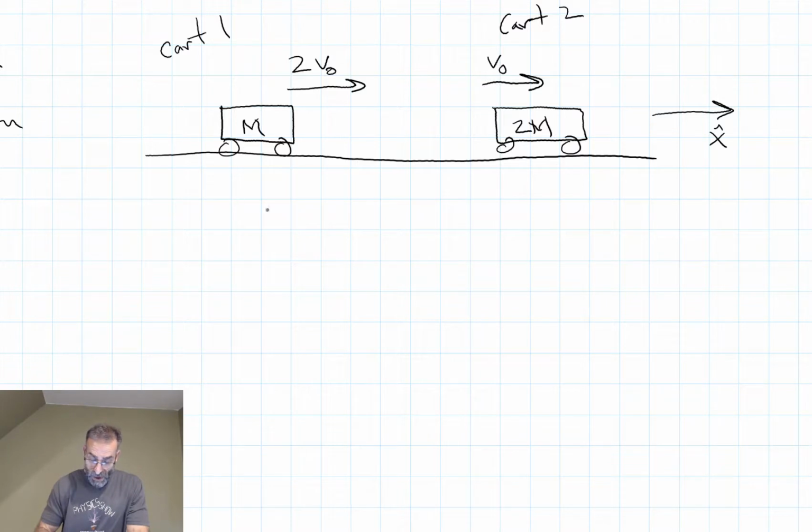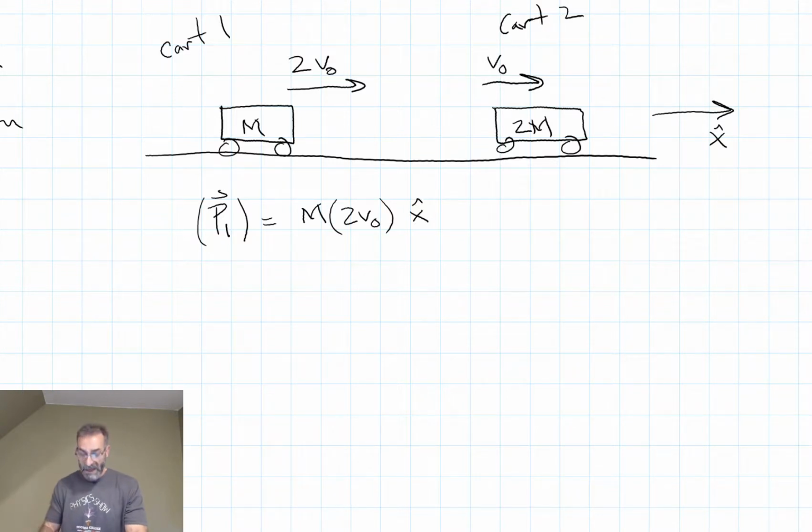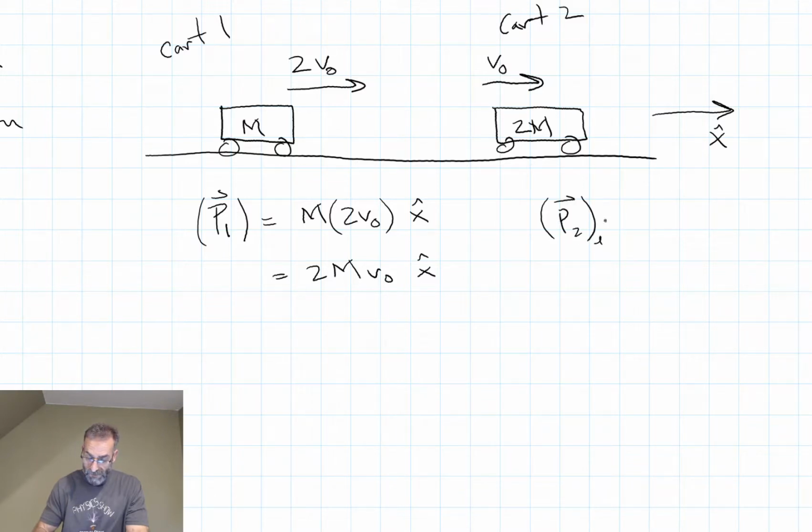So cart 1 has some initial momentum, and it's to the right. Cart 2 has some initial momentum. It's also to the right. So both carts have momenta to the right.